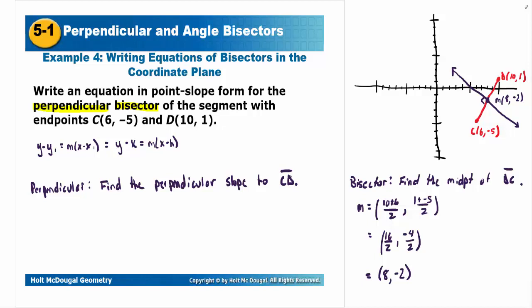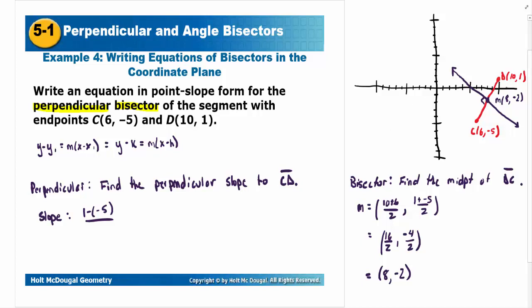So again, I found my midpoint. Now I need to find my slope. So again, the way we do that is we find the slope by doing y2 minus y1 over x2 minus x1. So let's subtract my y values. I'm going to go 1 minus negative 5, that's y2 minus y1. Again, if you don't remember the formula, then look it up in the warm-up. We already wrote it out once before.